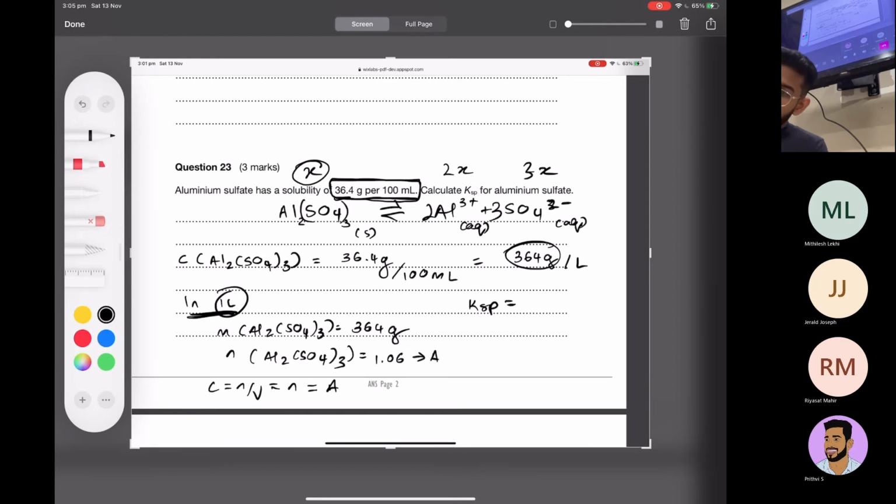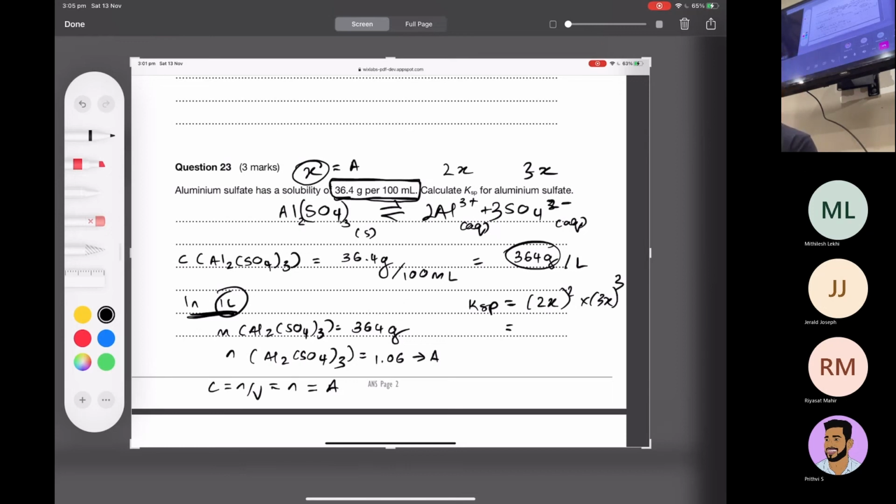Right. Okay. Thanks, Sam. We've got (2x) squared times (3x) cubed. All right. And we know x is equal to 1.06.